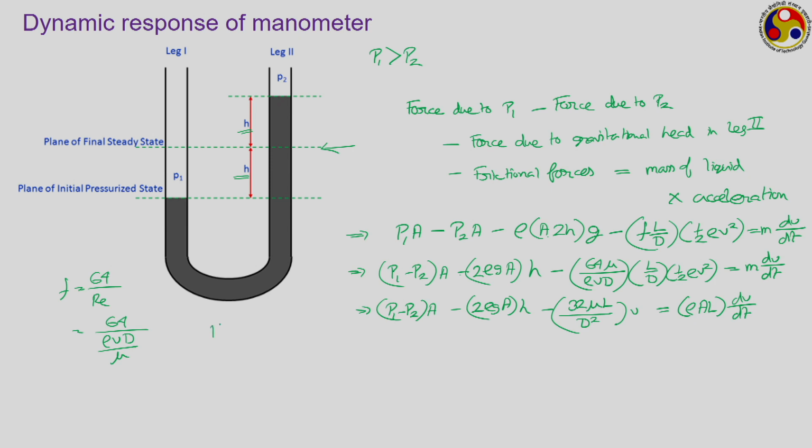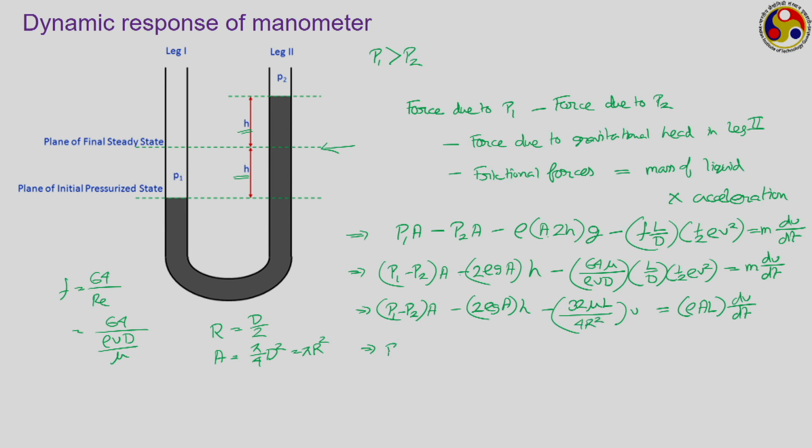And if, say, capital R is the radius, it will be equal to d by 2 and area will be equal to pi by 4 d square, that is pi r square. So, converting this d in terms of r square, d square can be written as 4 r square.